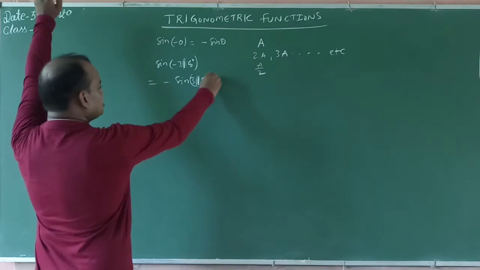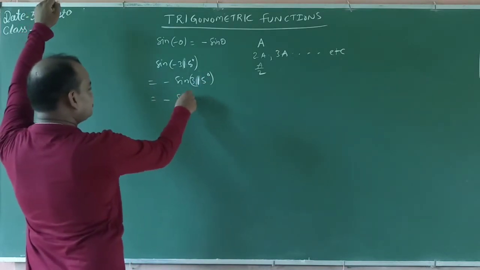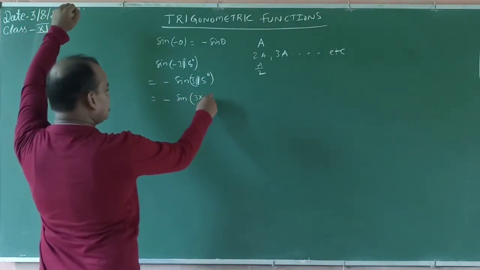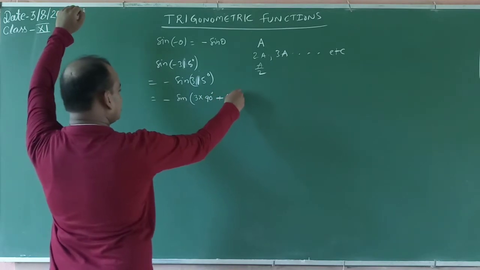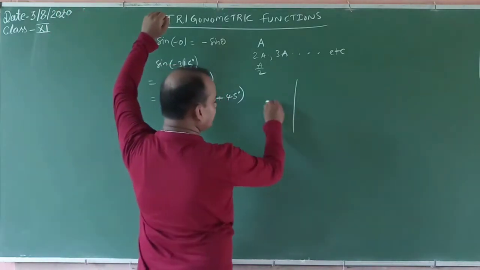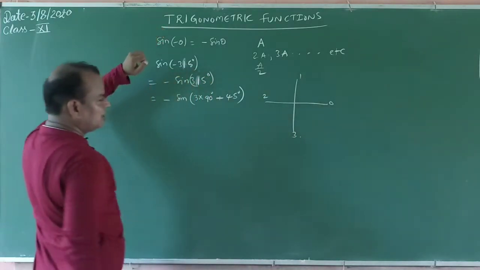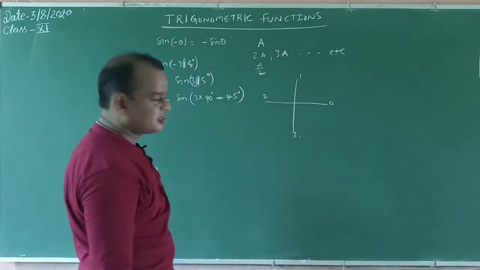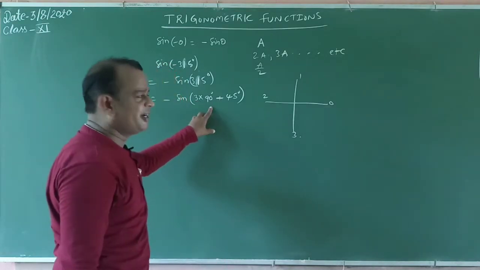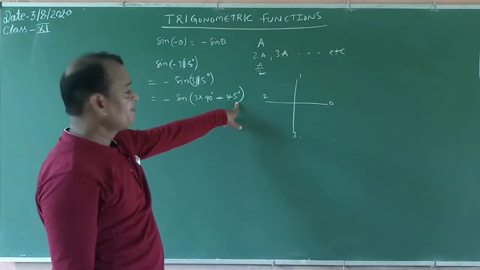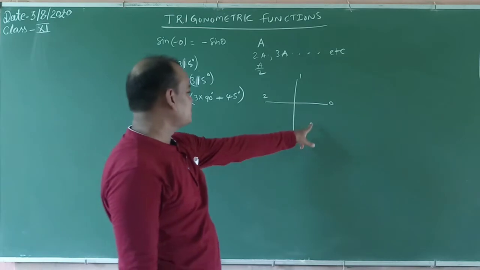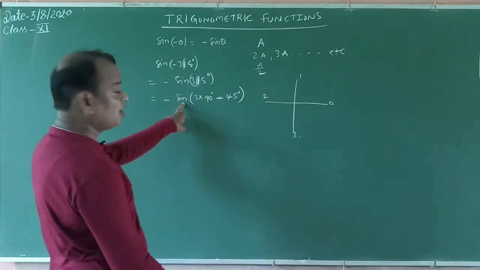Now write it as sin of 3 into 90 plus 45. 3 into 90: you know 0, 1, 2, 3 are the first, second, third and so on reminders. Here 3 is the n value for n into 90 plus 45, so it lies in the fourth quadrant where sine is negative.